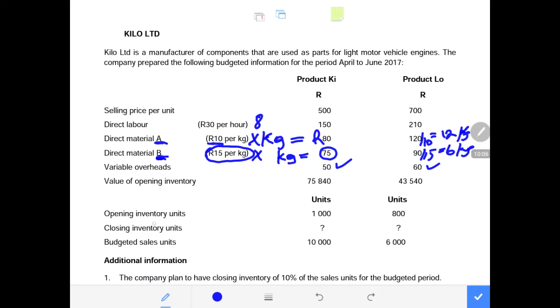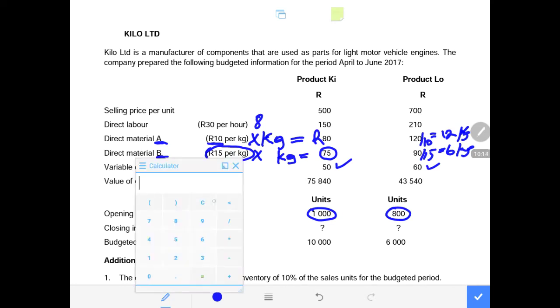Then we have opening units, which is 1,800, meaning we can calculate the cost per unit of the units that were manufactured in the previous accounting or production period, which will be 75,840 divided by 1,000. That means their cost per unit was 75 rand 84 cents.